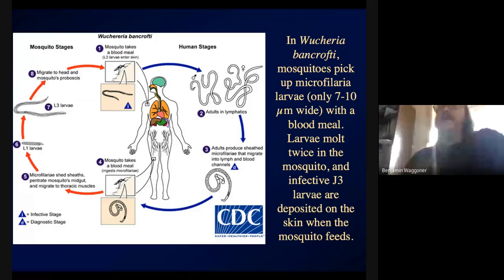They're not injected the way malaria is, but they're deposited on the skin and then crawl into the bite wound, penetrate into the host body, and travel to the lymphatic system.